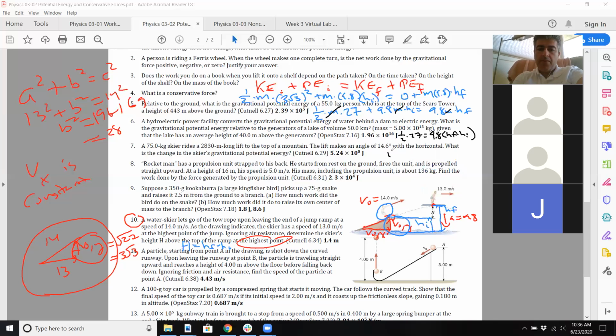Then you get 13.5 equals 9.8 times capital H. Remember, capital H was the difference between the final height and the initial height. And so you're just doing 13.5 over 9.8, which should get us pretty close to 1.4.